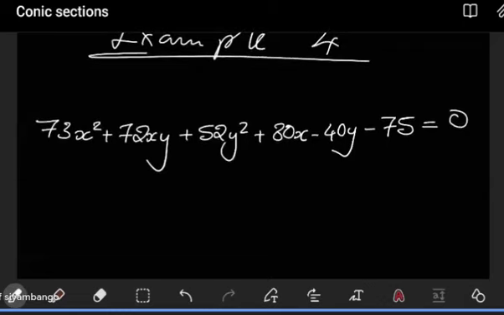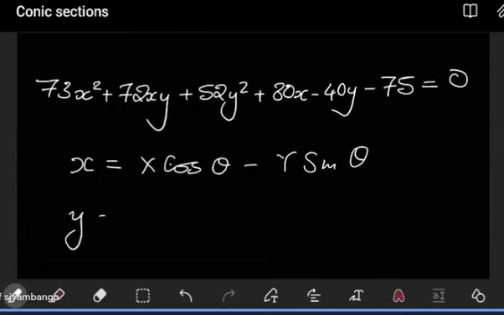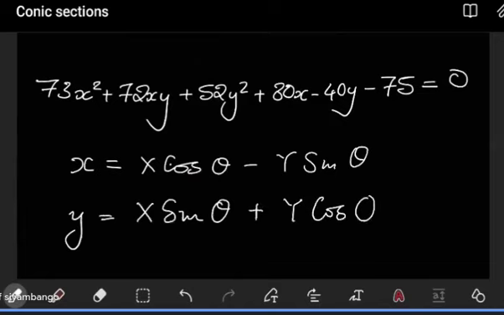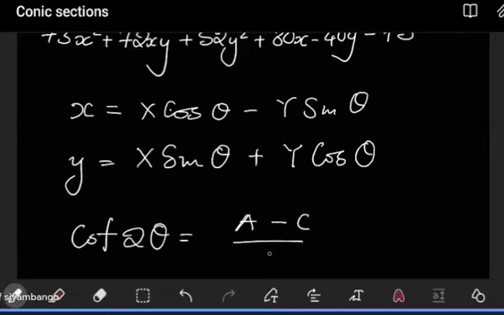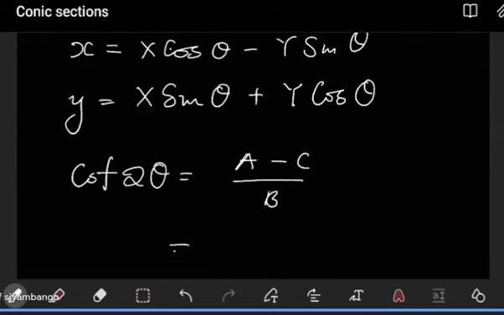Just like before, we want to substitute these expressions. But like before, we first need to figure out what the angle is. Now, when finding the angle, we know that cot 2 theta is equal to (A minus C) over B. What is our A?